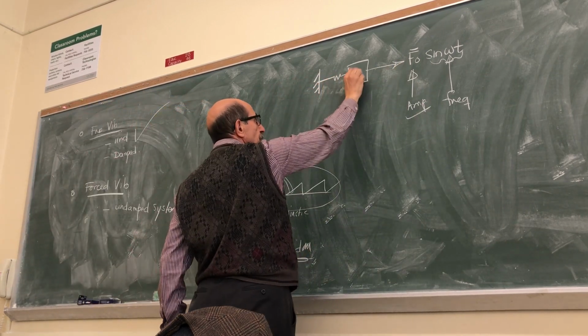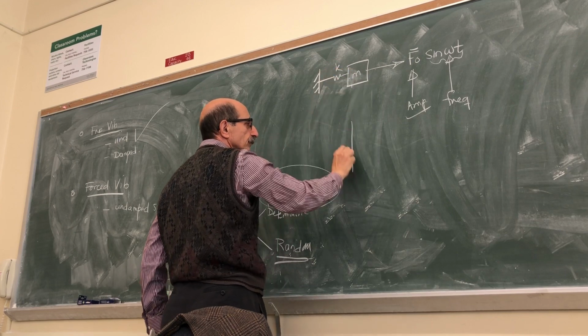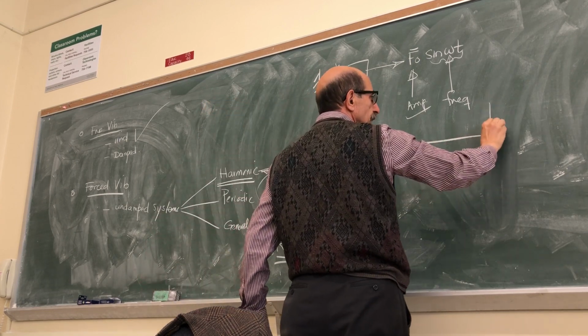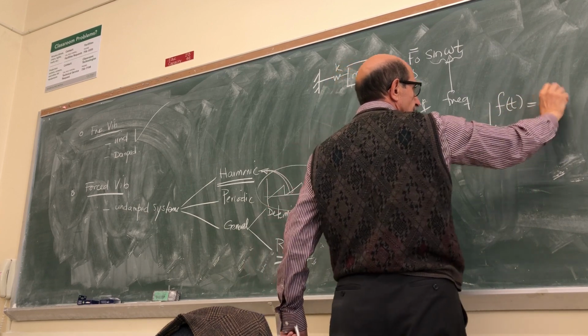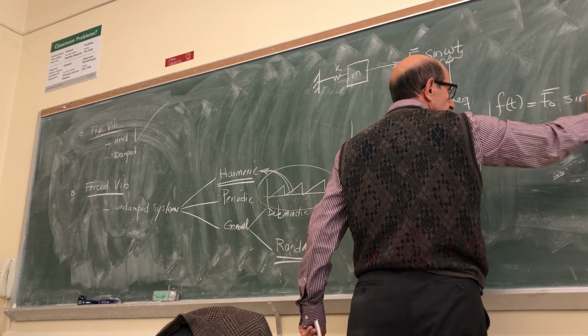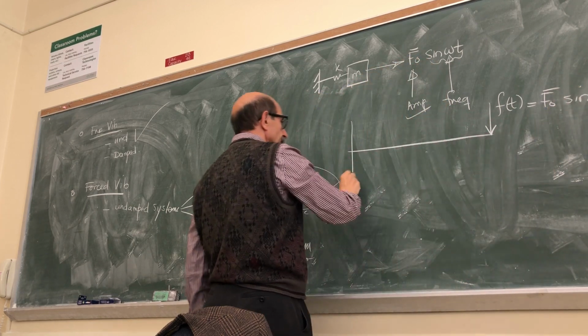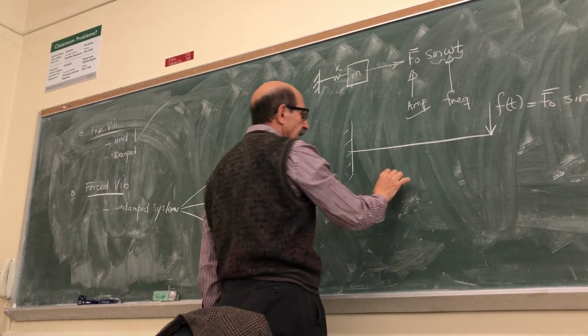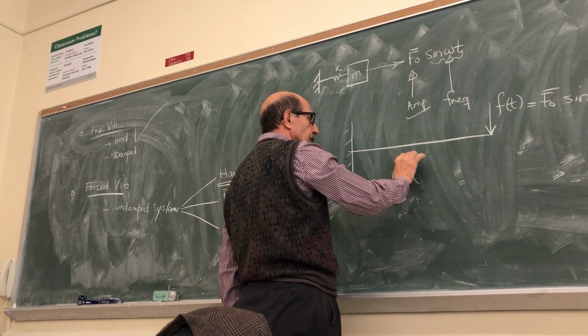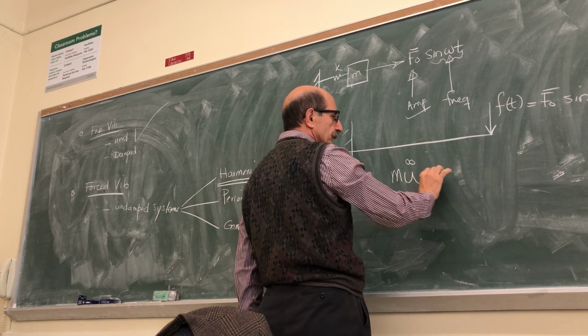So this is the system. You have a beam, you have this f of t, which looks like this. So that's what we're going to look at. Mathematically speaking, what we're dealing with is this.